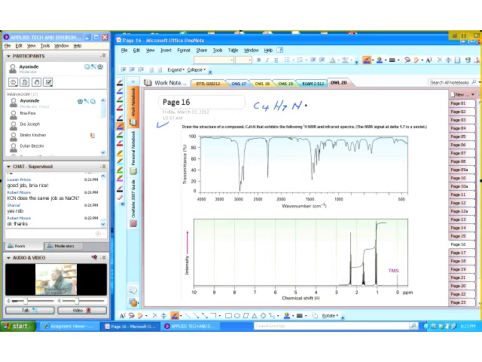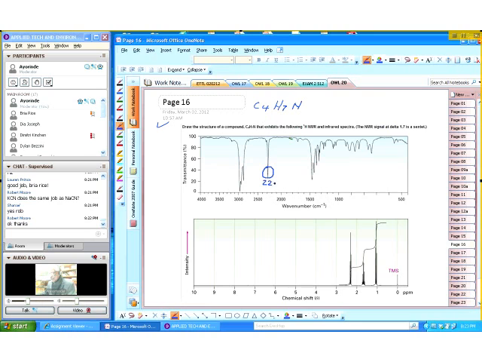Okay, very good. Now, what we want to do here is begin to refresh your memory with regard to NMR spectroscopy and also infrared spectroscopy.